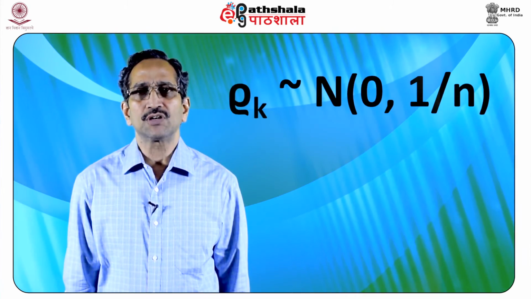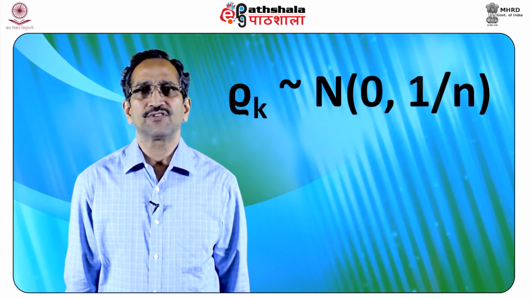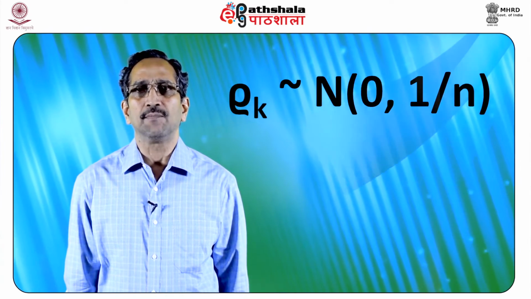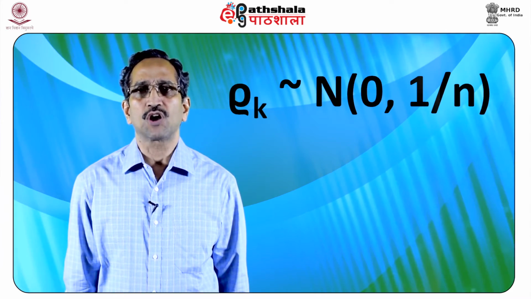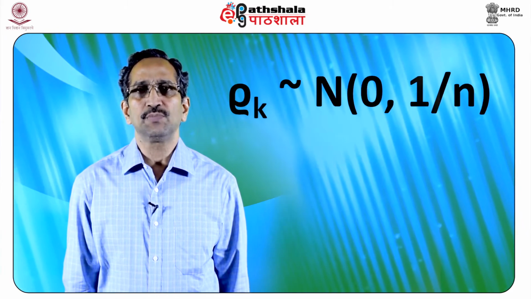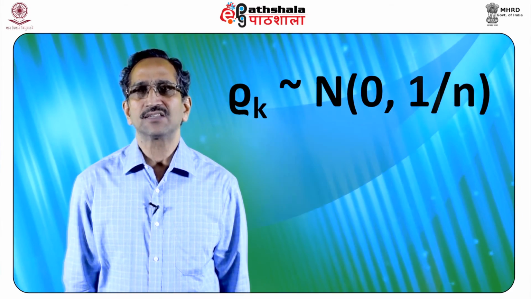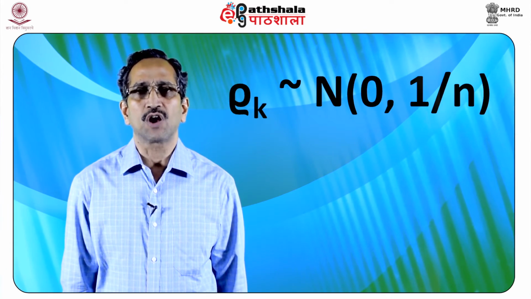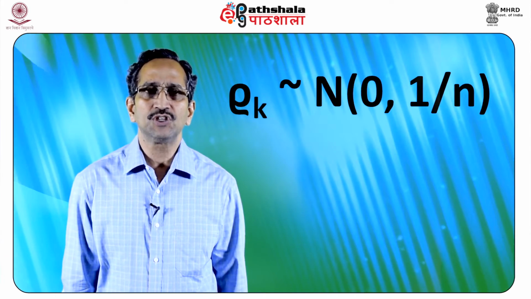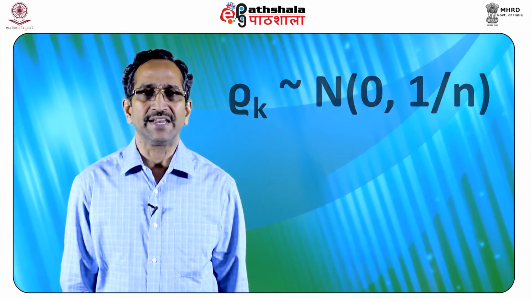We can test the statistical significance of each autocorrelation coefficient by computing its standard error. The statistician Bartlett has shown that if a time series is purely random, the sample autocorrelation function rho k follows a normal distribution with zero mean. We are saying that in that case rho k would be distributed normally with mean 0 and variance 1/n.